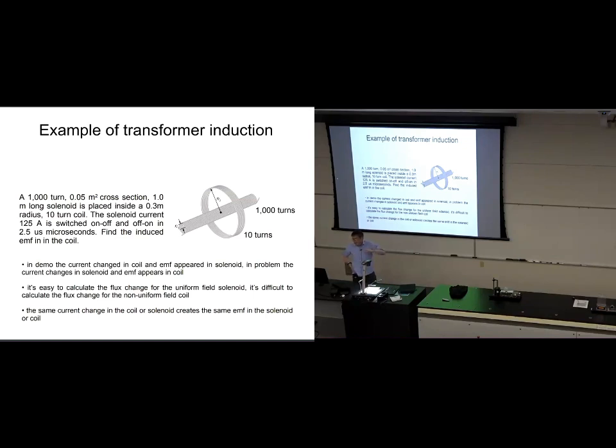The current in the solenoid goes on and off in 2.5 microseconds, and on is 125 amps, off is 0 amps. We're going to use all that information. I'm going to switch to the document camera and we'll solve this.